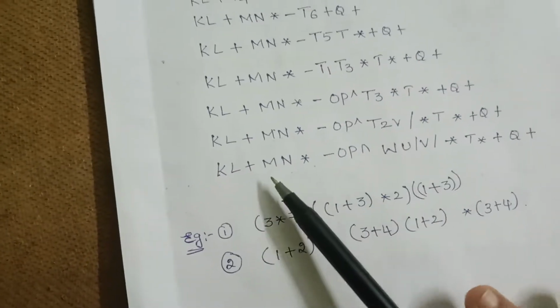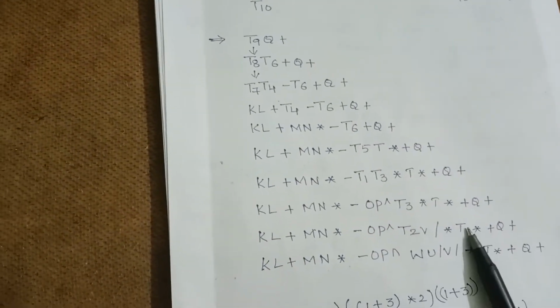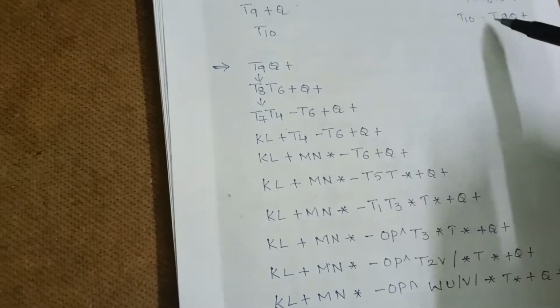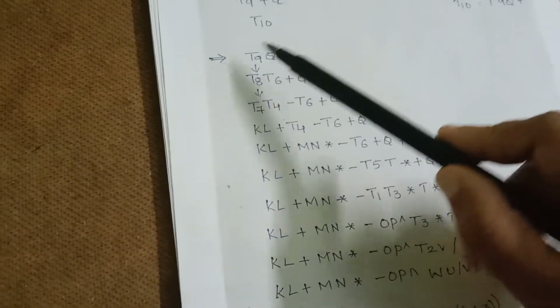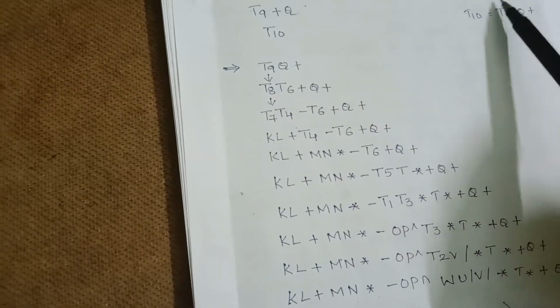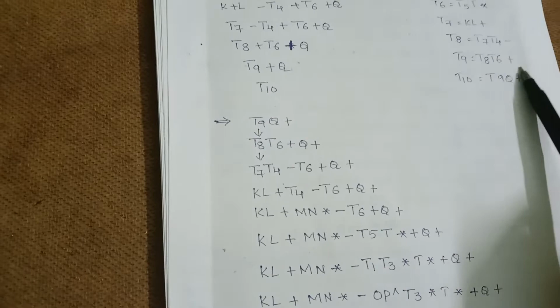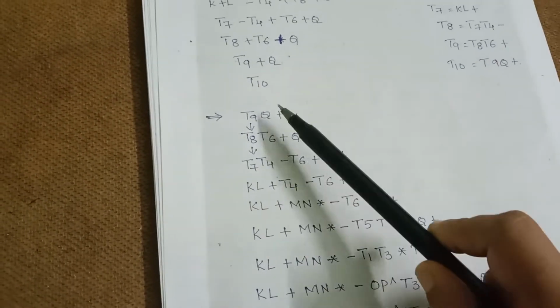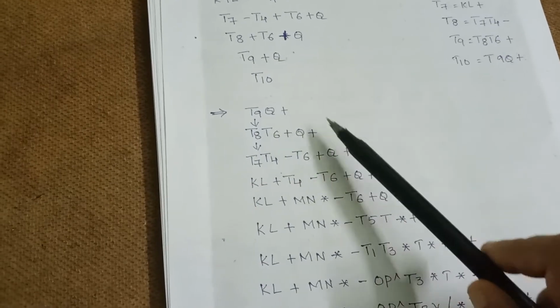we'll check whether the postfix notations are being derived or not in a reverse manner. So consider from this, t10 is t9 q plus. So what is t9? t9 is t8 t6 plus. So in place of t9, write t8 t6 plus. And what is the remaining? We have q plus.